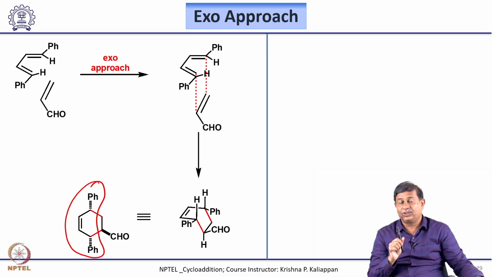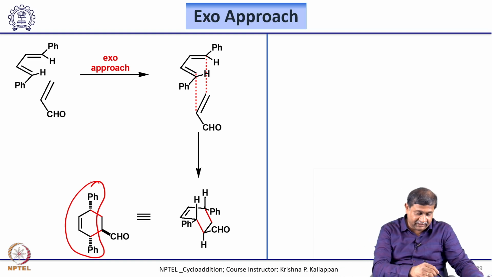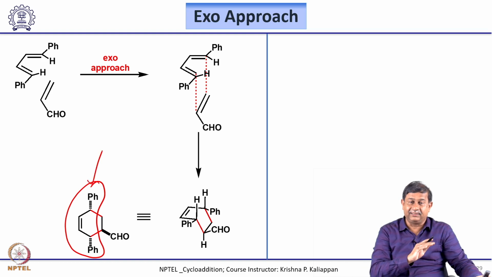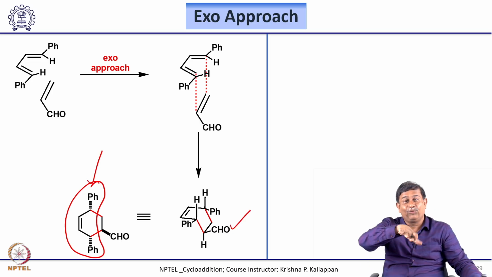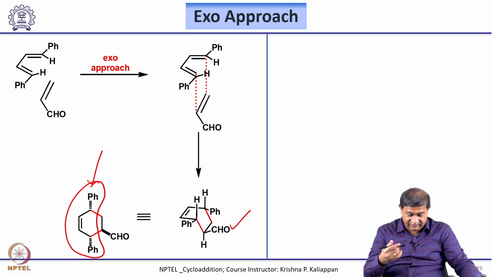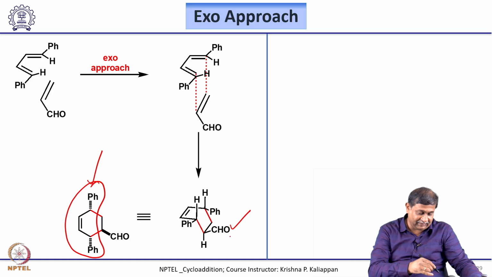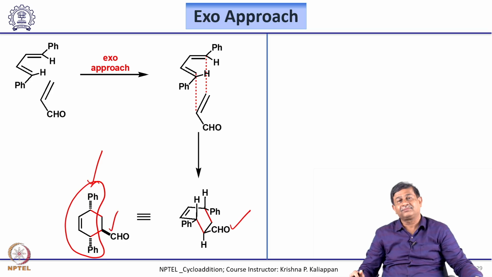When you talk about stereochemical outcome, the stereochemical relationship in the diene and the dienophile will not be affected in your Diels-Alder product. So here the diene is not affected, but what is affected is the dienophile because of the orientation. In this case it is exo orientation, that is why this aldehyde is beta, and the same thing you can see. Okay.